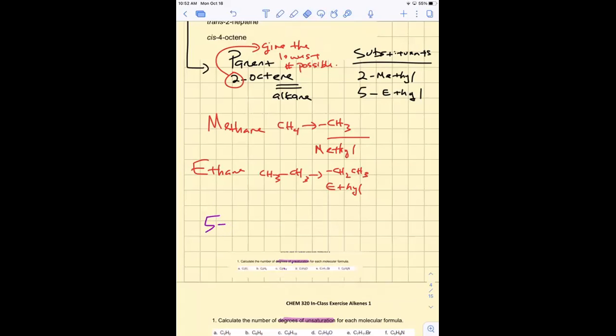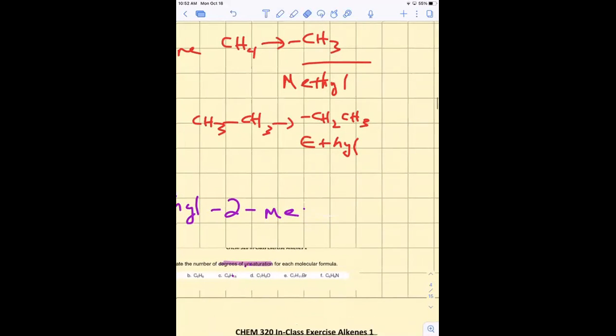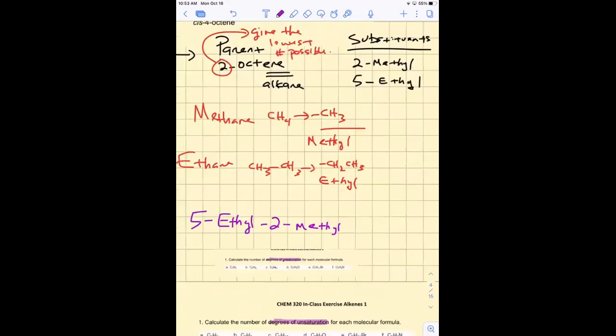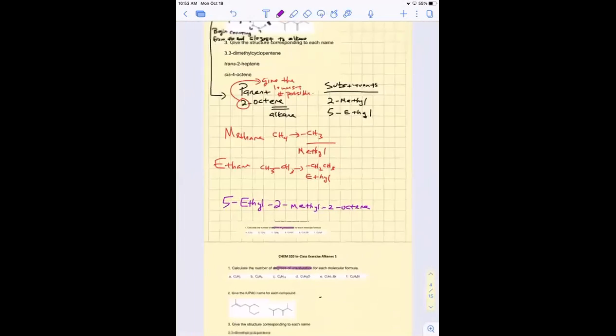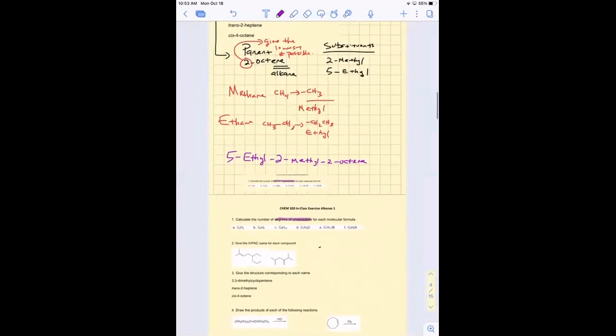That's an IUPAC convention. 2-methyl-2-octene. That's the name of that compound. Go ahead.